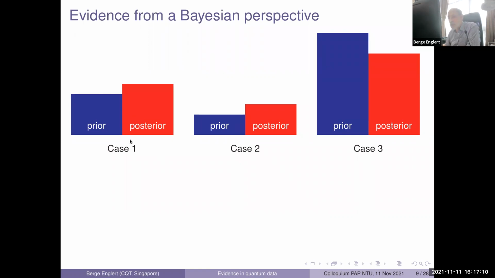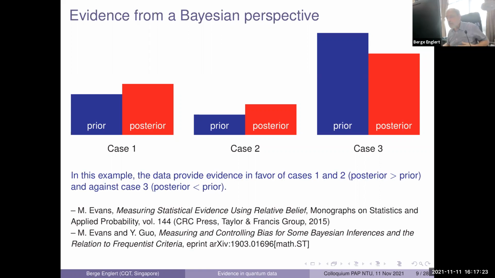Now, if you look at case one, the posterior probability is larger than the prior probability, and the same for case two. Whereas for case three, the posterior probability is less than the prior probability. In this situation, we say that the data provide evidence in favor of cases one and two and against case three. It's as simple as that. Now you can even quantify that, whether the evidence is weak or strong, but we don't need that today.